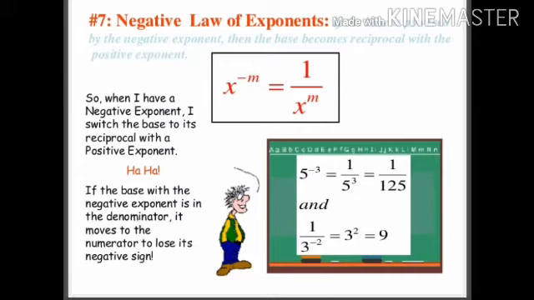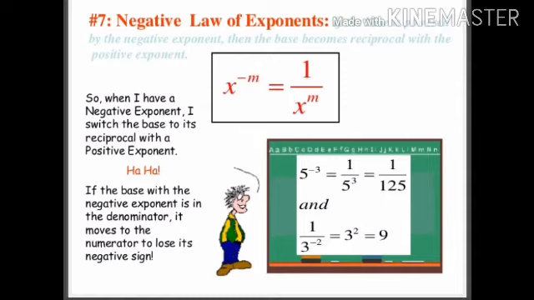That means x power minus m is equal to 1 by x power m. Observe here minus m changed to plus m. For example, 5 power minus 3 is equal to 1 by 5 power 3, that is 1 by 125. 5 is multiplied by itself 3 times, we get 125.